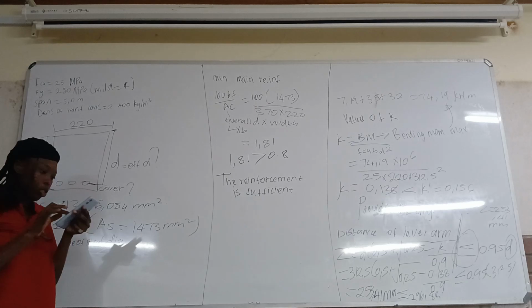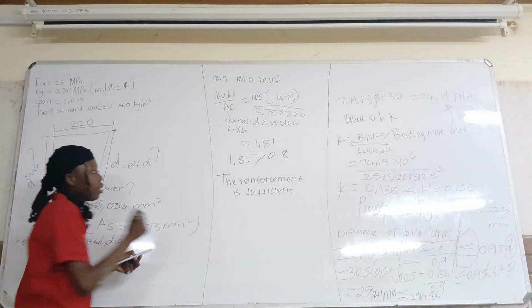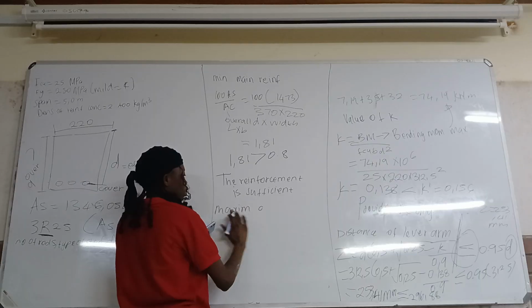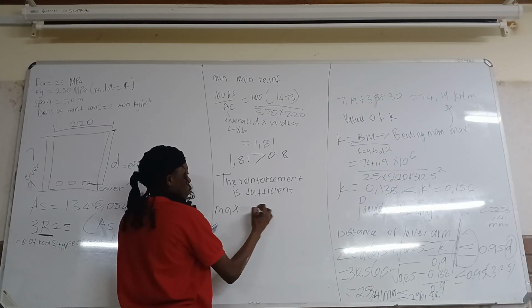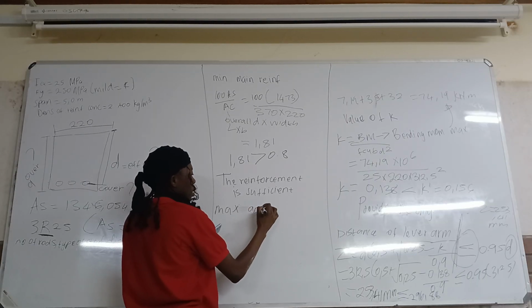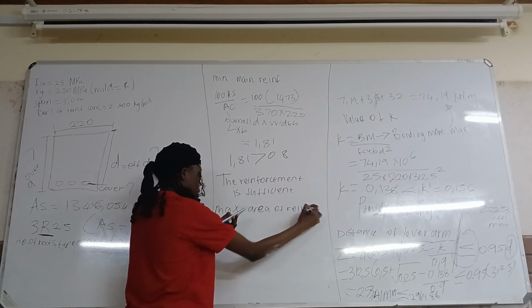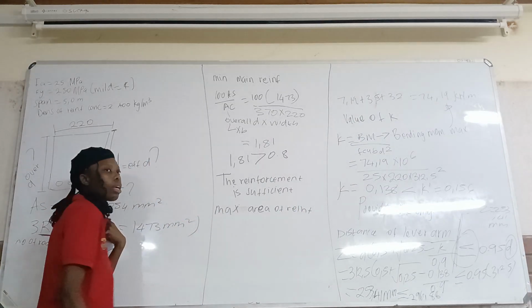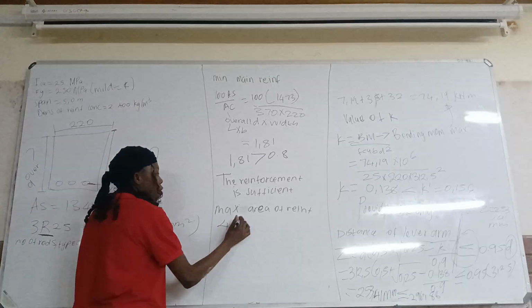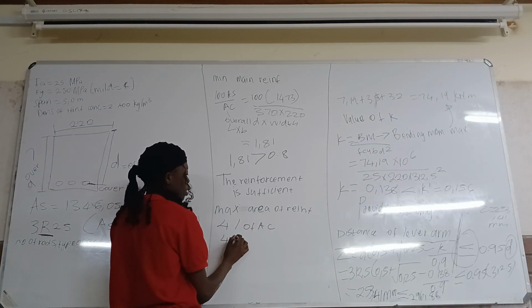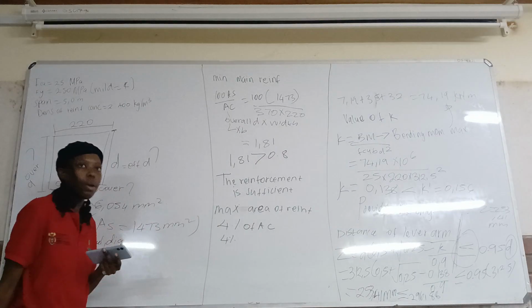Okay, let us move to the maximum one again. Maximum area of reinforcement. The formula for maximum area of reinforcement is 4% of AC. So 4% of AC, what do we substitute for AC?